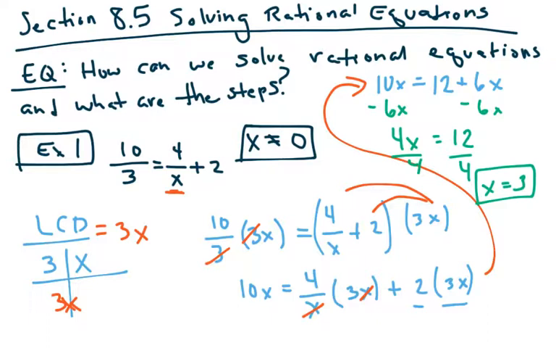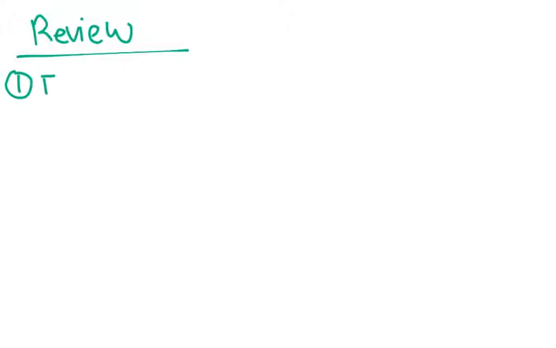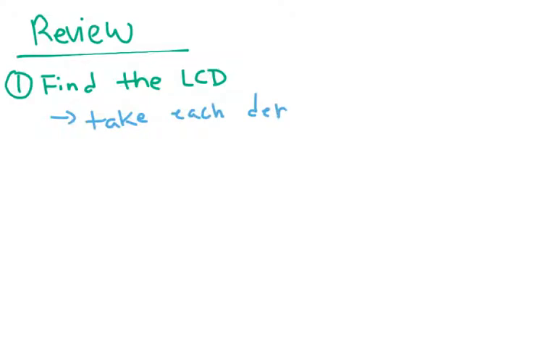Some things to keep in mind. So, let's review real quick. Step 1 is find the LCD, and to do this you take each denominator. Okay.